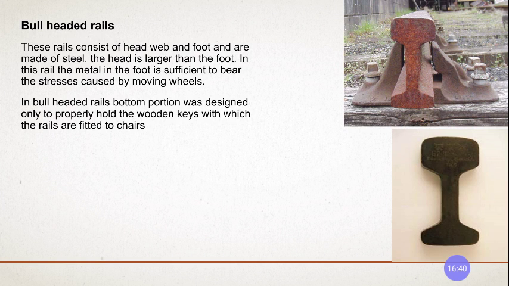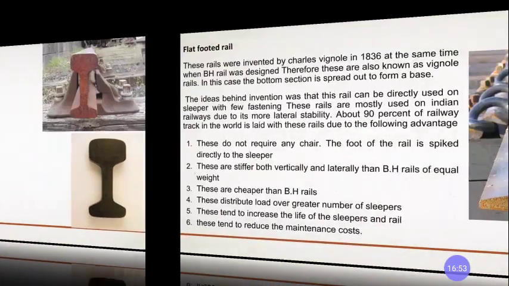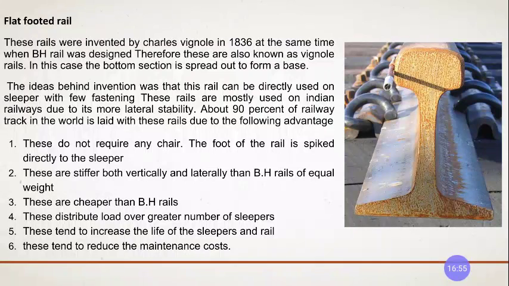These are what you can say keys. The fastenings and the screws that you see, those are called keys. And these are only useful on the wooden sleepers. But the requirement of fastenings and fittings was more. So due to that, maintenance cost would go higher every time in the case of bull-headed rails.